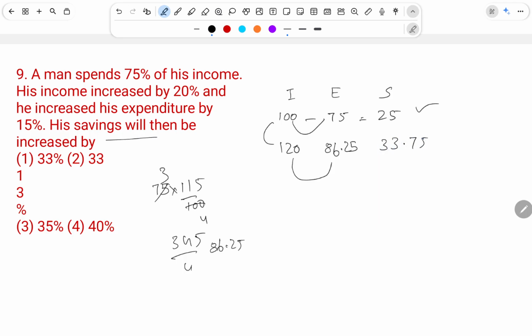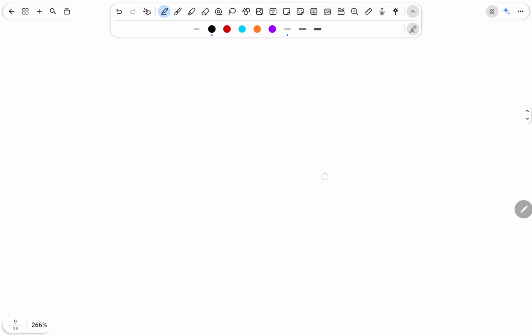His savings increased from 25 to 33.75, so the increase is 8.75 by 25 into 100. 25 should be in the denominator. 25 ones, 25 4s. Now 4 into 0.75 is 3. 4 8s, 32. 32 plus 3, 35%.